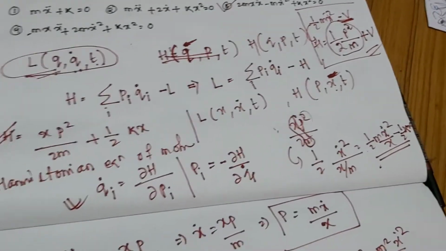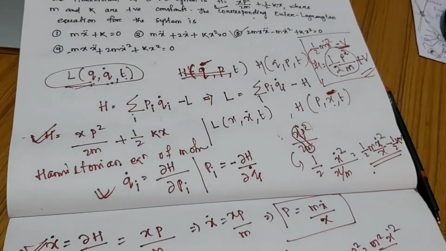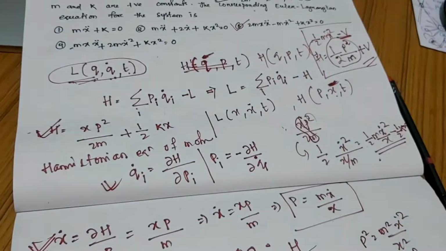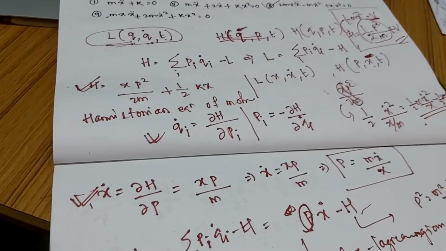That's how you can directly get the right answer in most of the cases from this trick. So you don't have to do this much mathematics, and you can save some time.